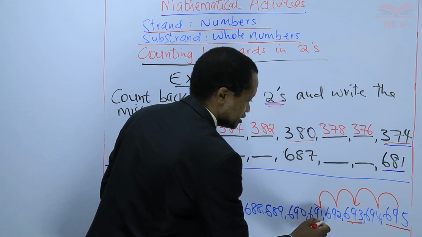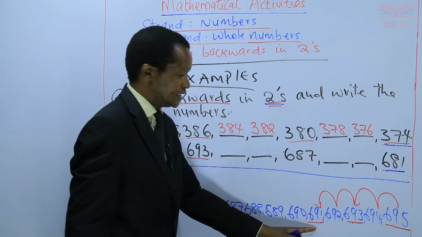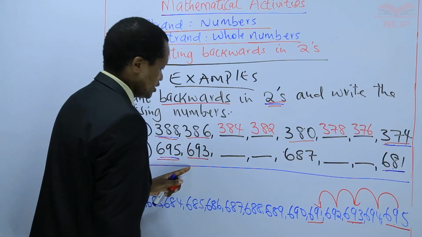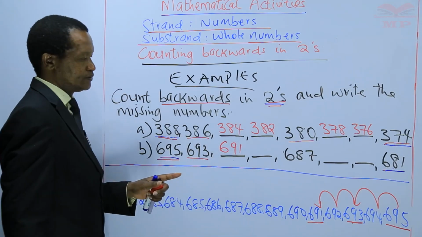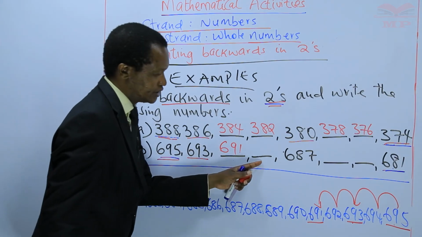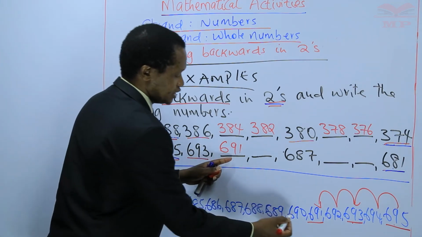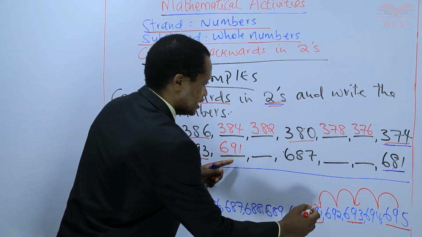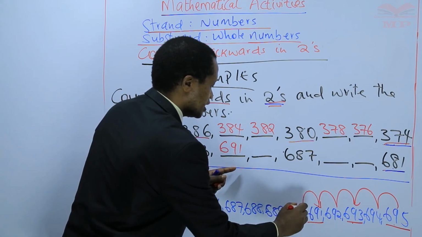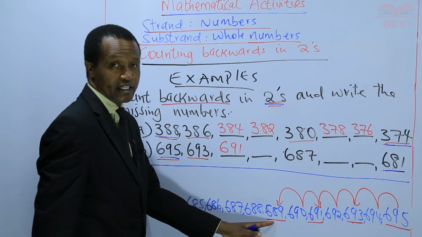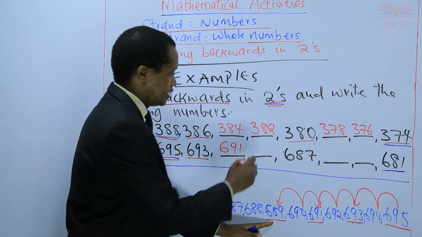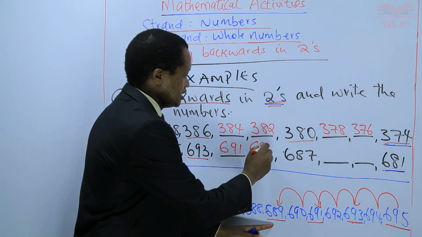We get 691, so we insert 691. The next number is missing, so we go to 691 in our working and move 2 times, 1, 2. The next number is 689, so I write 689.